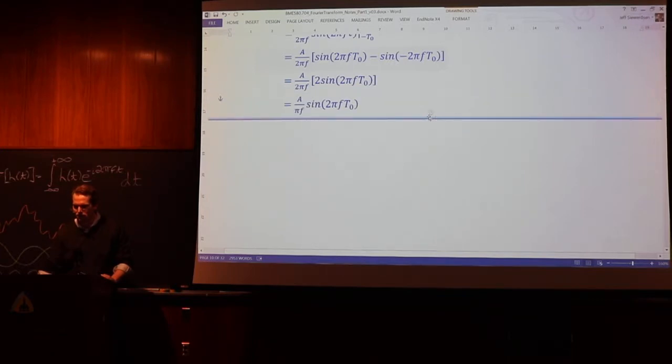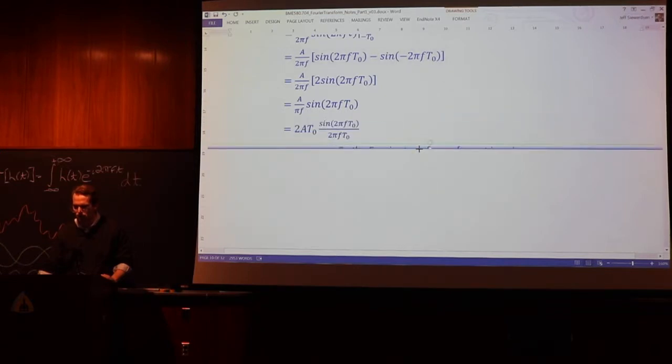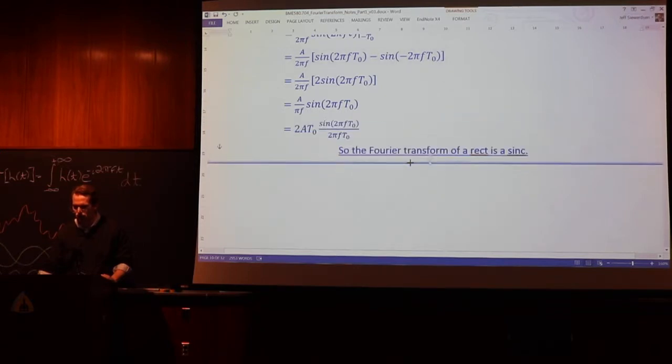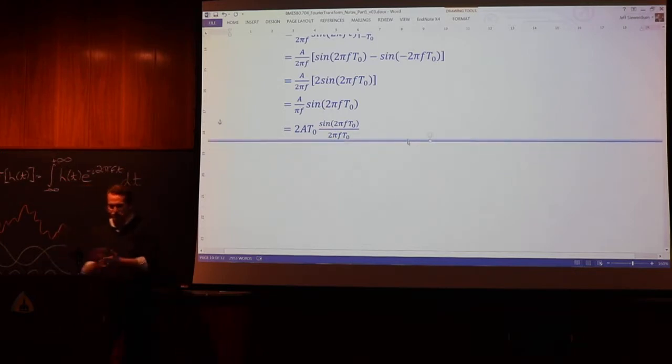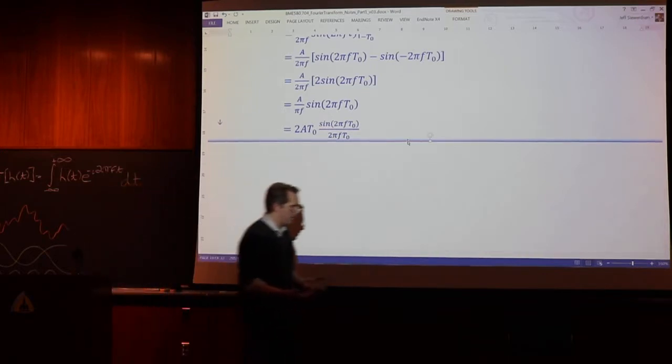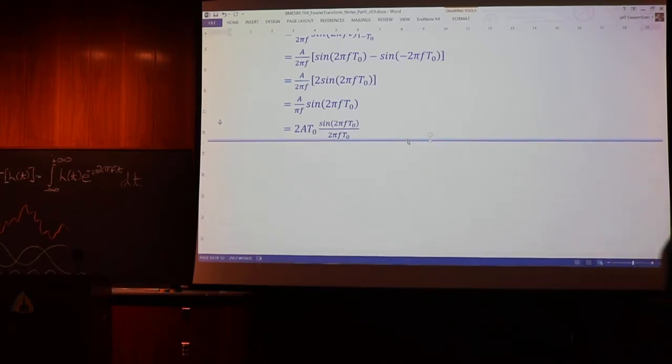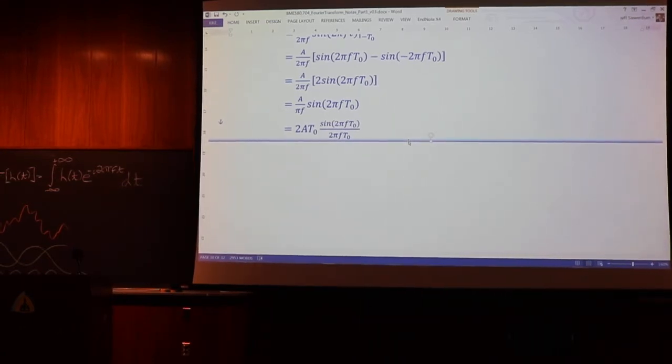Okay. So, are we done? No. I just showed you the answer. Just cancel terms, and the name of that function is a sinc, right? So what we just showed is that the Fourier transform of a rect is a sinc.